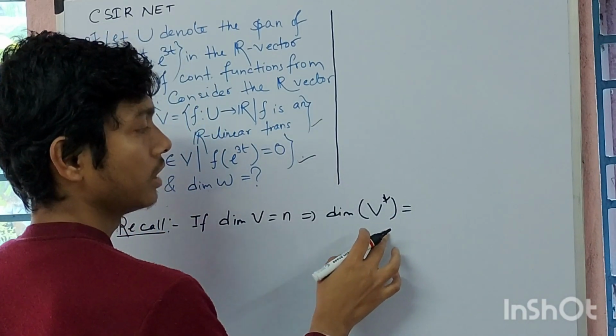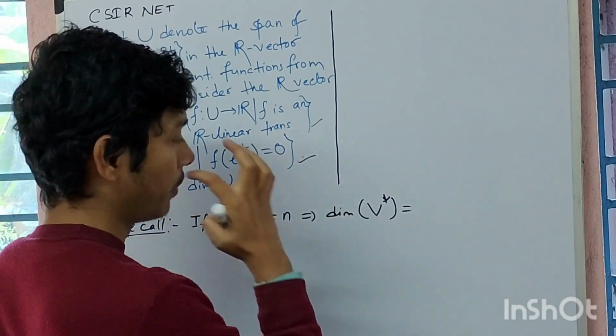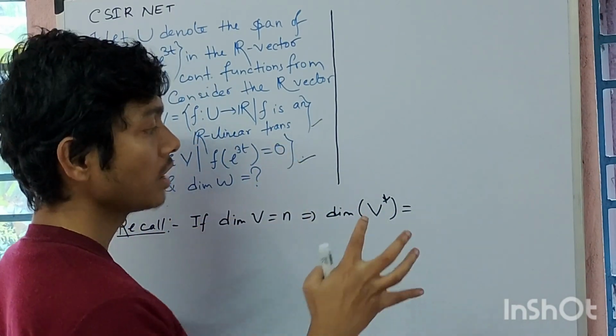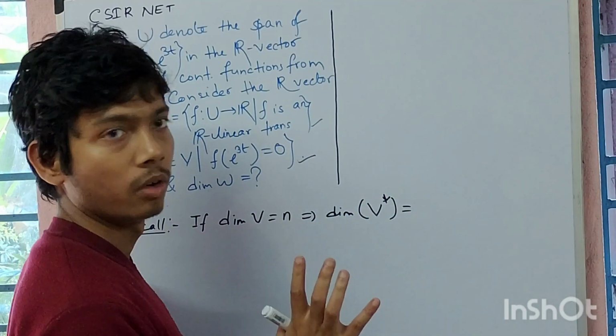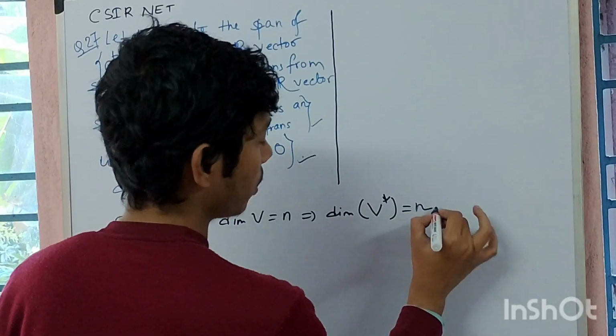V star means the vector space of all linear functionals from V to R. It's basically the set of all linear functionals on V.